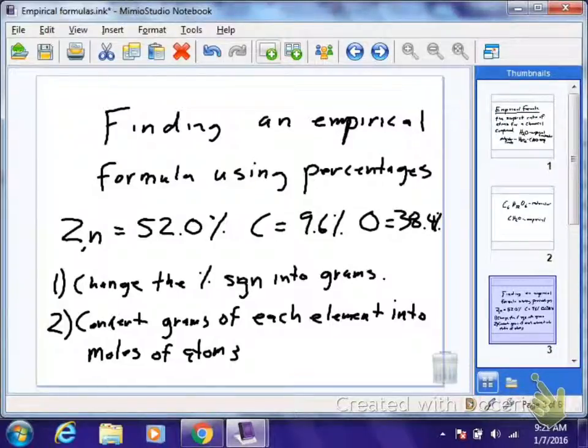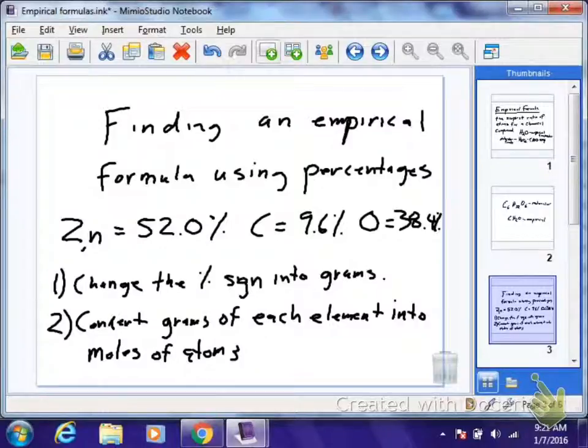So we're saying we've got a 100 gram sample, and now we can take our percentages and make them grams, so our units are going to work out correctly. That's the first thing you would do. The next thing you would do is convert those grams into moles.